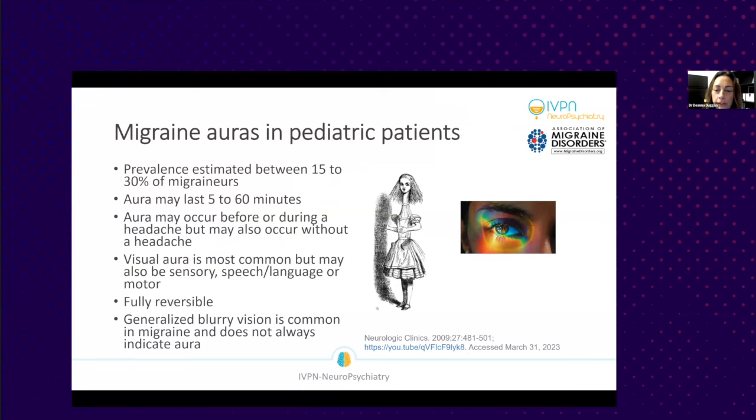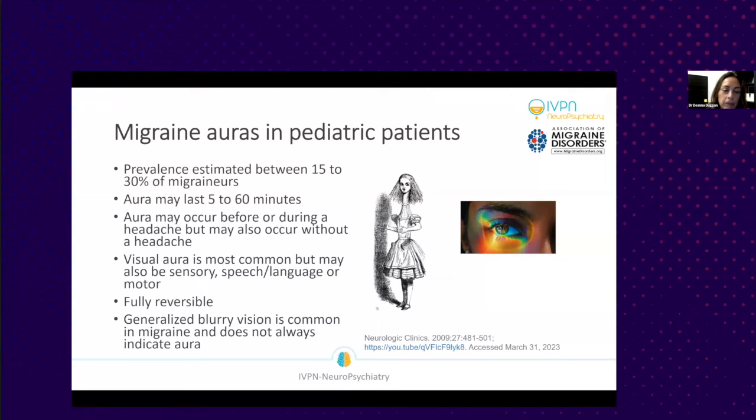So, pertaining to auras, just briefly mentioned in the last slide, the prevalence of auras in children is estimated to occur in between 15 to 30% of children with migraine. And auras may last 5 to 60 minutes. The reason this is delineated from 5 to 60 minutes is that an aura, especially any kind of sensory change that lasts less than 5 minutes, may raise clinical suspicion for another neurologic issue, such as seizure.